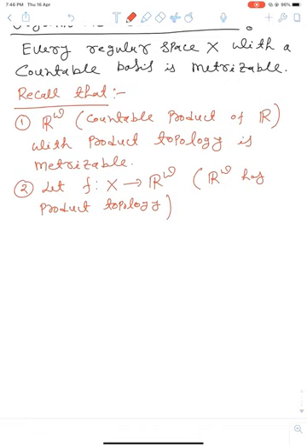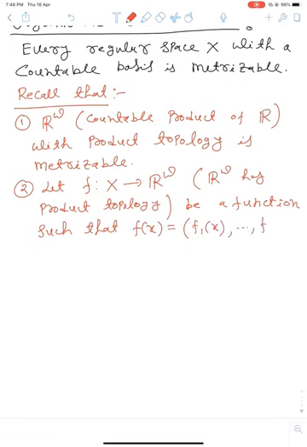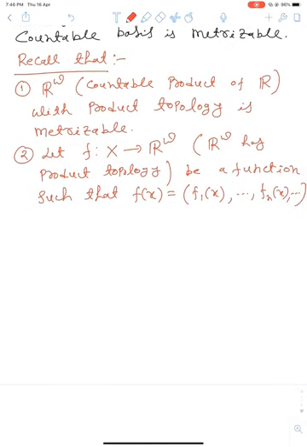Now since this f is from X to a countable product of R, we can assume that f is a function such that f of x equals f1(x), up to fn(x), and so on, where each fi is a function from X to R, right?